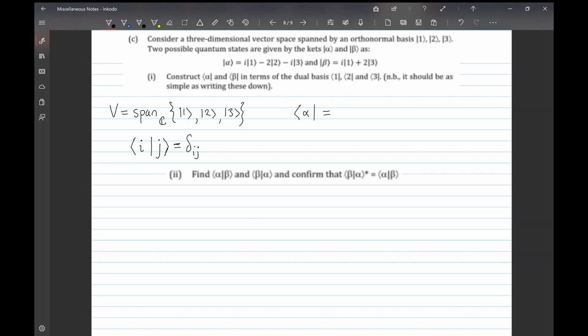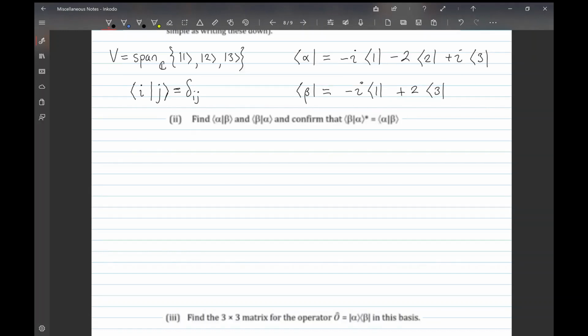Okay, so in that way, the bra alpha is now minus i, the bra 1, minus because we need to take the complex conjugate, minus 2, 2, plus i, 3. Okay, and similarly for beta, it's going to be minus i, 1, plus 2, 3.